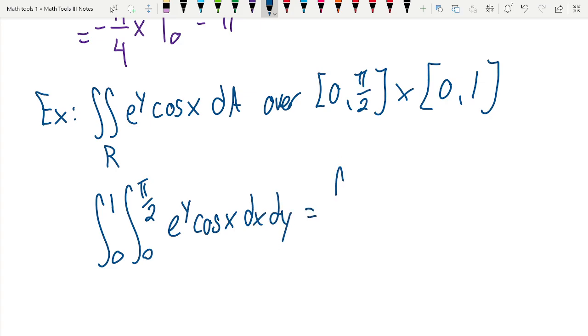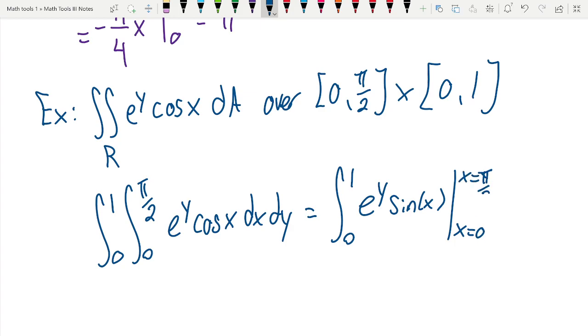Okay, so the integral of cosine, if you remember, is sine. So this is going to be, well, e to the y is just a constant, so it's going to be e to the y sine of x from x equals 0 to x equals pi over 2 dx.